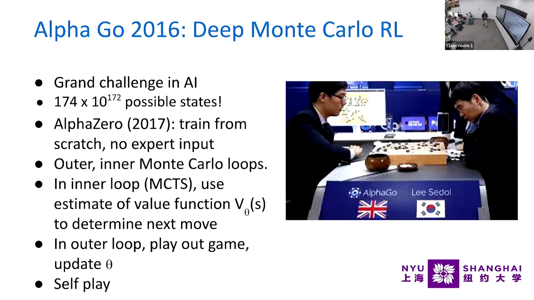And then if I go here, my opponent will go here. Or maybe if I go here, my opponent's going to do this. So we build out this kind of tree in our head of possible moves. Monte Carlo tree search formalizes that kind of thinking. That's what they do in the inner loop.